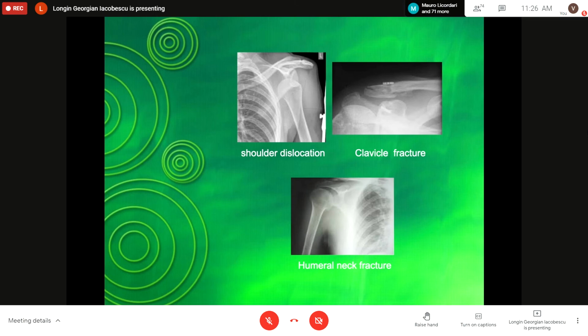It will stay in that position. So stiffness will appear. To prevent it, you have to be very careful, and you won't immobilize the elbow more than 3-4 weeks.